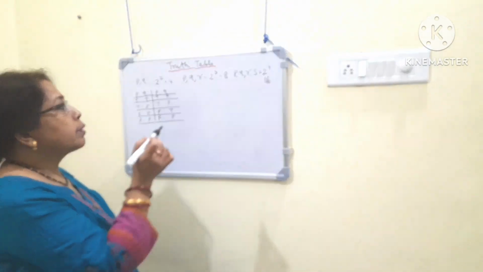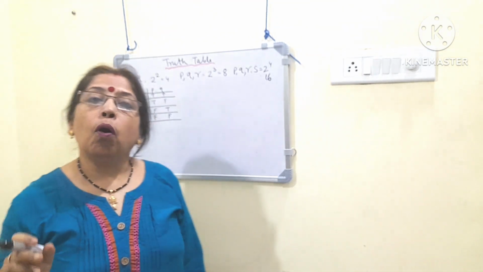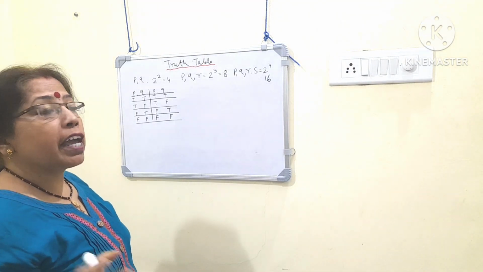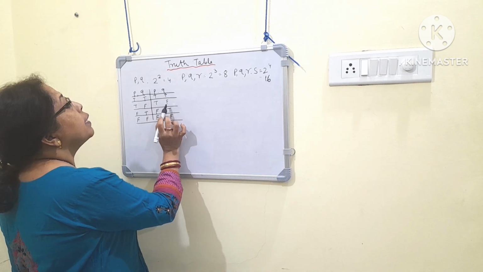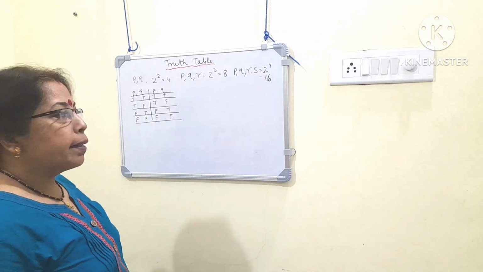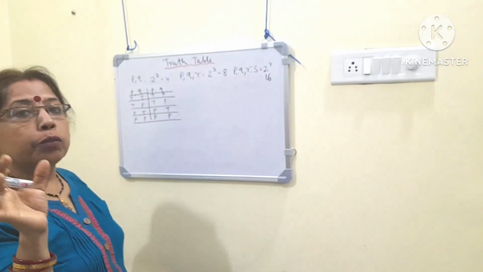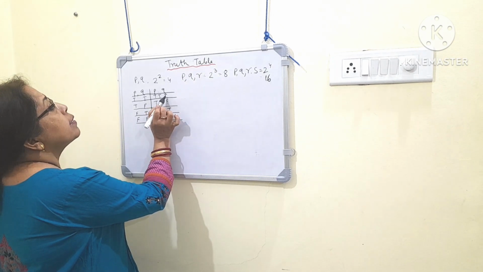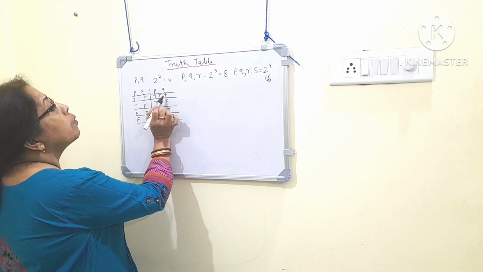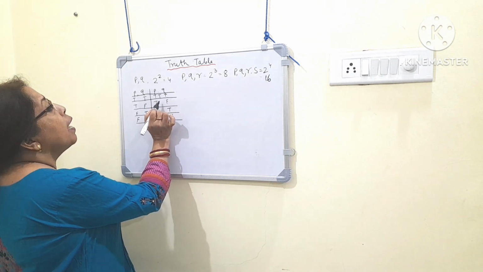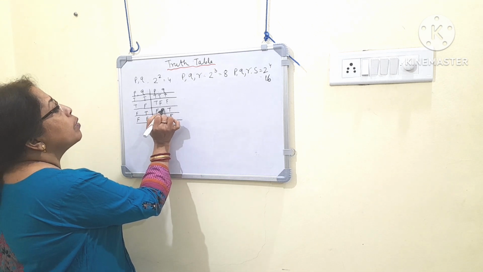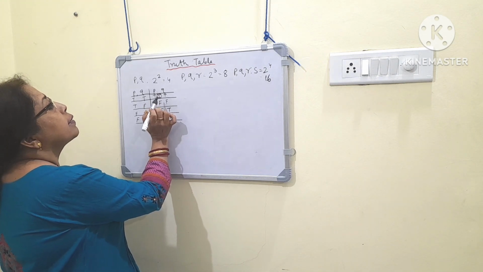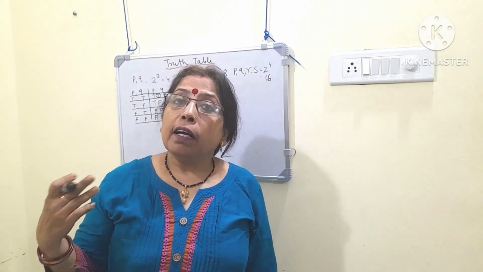Only when both sides are T do you write T, and the other rows will be F, because if F is present anywhere in the dot sign, the truth table result will be F. Only where T is present at both places do you write T, and in all other cases you write F. You only have to remember this, then it will be easier for you.